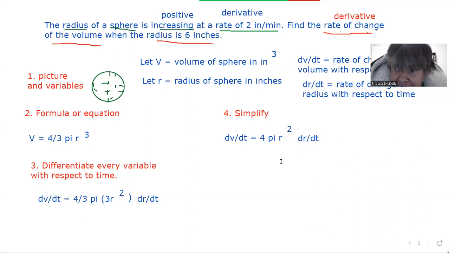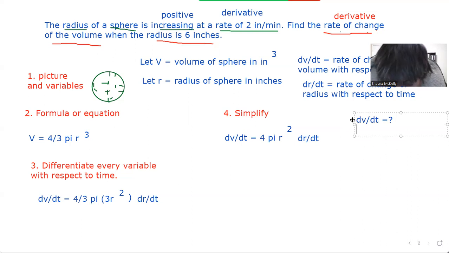Now, find the rate of change of the volume when the radius is 6 inches. So remember, we want to find the dV/dt. So I'm set up to do this, and I chose this example for a reason. What am I doing here in terms of my setup? Well, dV/dt, I don't have. That's my question.